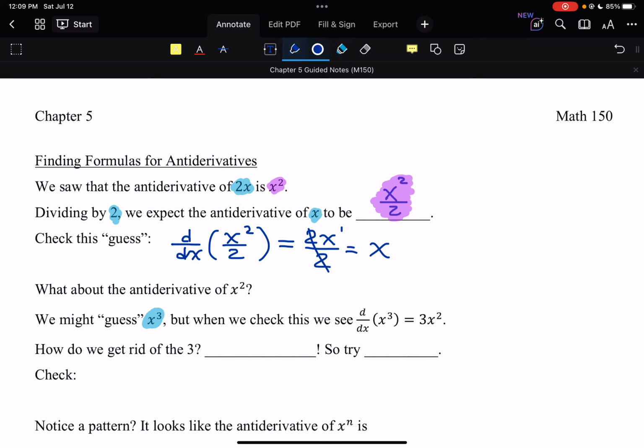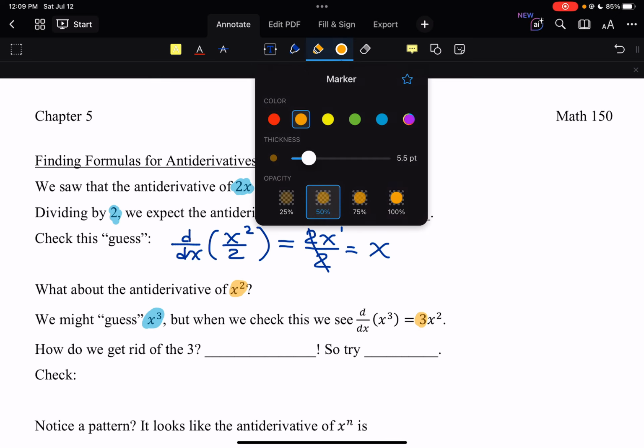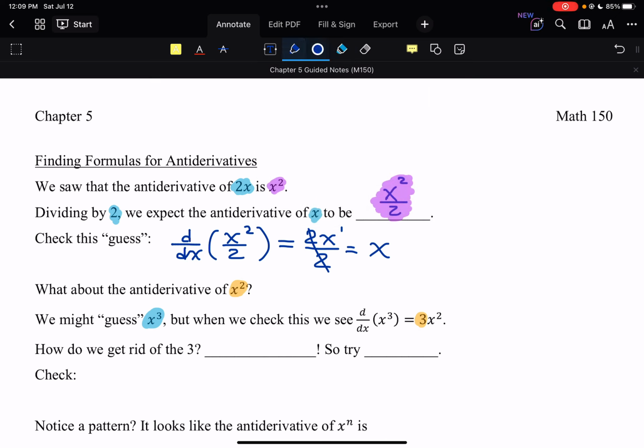But when we check this guess, we see that the derivative of x to the 3rd is 3x squared. And so clearly that doesn't match, because this one has a 3 and this one doesn't. So we need to adjust. We can get rid of the 3 by dividing. Again, I'm looking for the antiderivative of x squared.